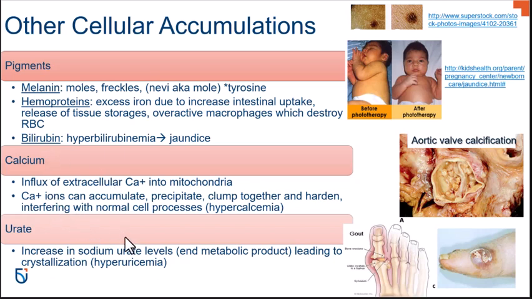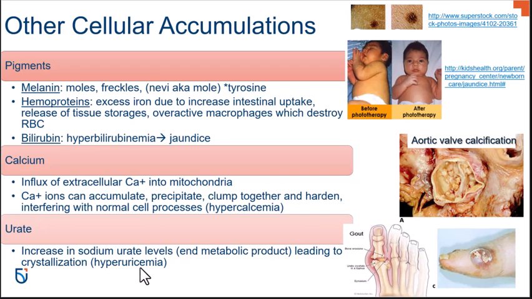Now, sodium urate crystals are the sodium salt of uric acid crystals, but normally sodium urate concentration is considered to be stable in the body, and disturbances in maintaining sodium urate levels can result in hyperuricemia, so high levels of uric acid in the blood.